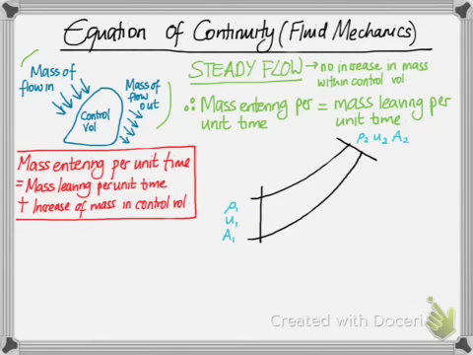Now what the equation of continuity allows us to do is to relate these values to one another, such that even if we only had data from side 1, we could deduce some information about side 2. So we'll take our equation. Let's go back to green because we're now talking about steady flow.